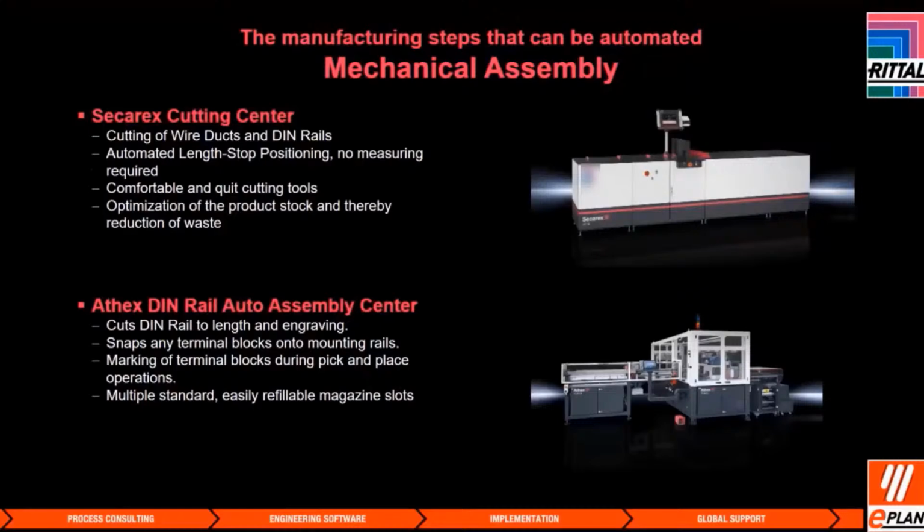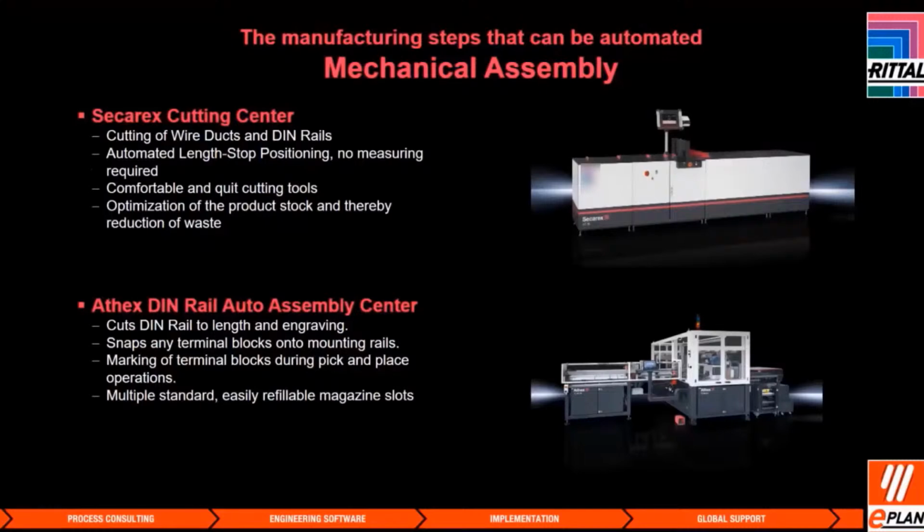I'll just finish off here quickly. There is a machine we have for cutting DIN rail, but this piece of equipment, the Atex, also will laser scribe terminal block labels, like the little markers or chiclets on terminal blocks, and then assemble those terminal blocks onto the DIN rail.